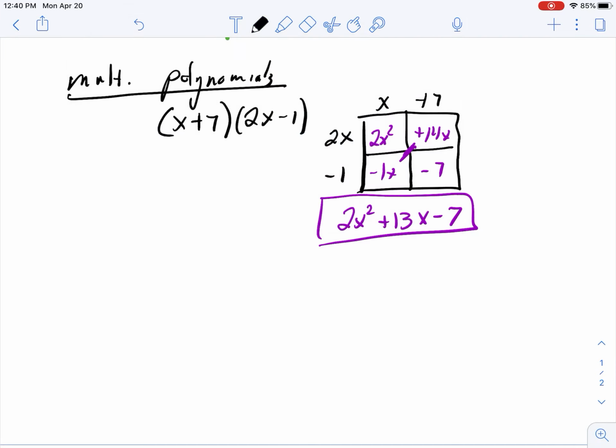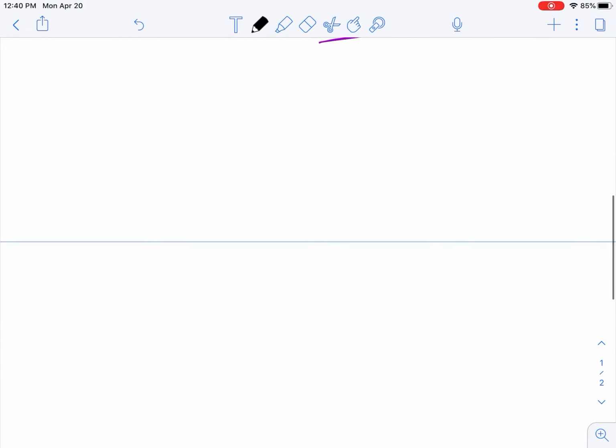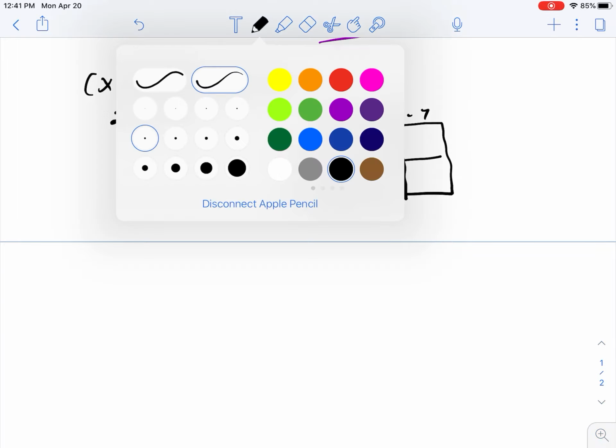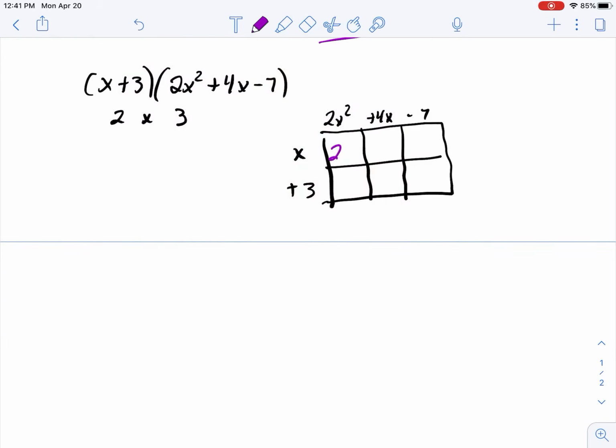Then if we get into a bigger polynomial, let's say x plus 3 and 2x squared plus 4x minus 7, then create a bigger box. So you have 2 values by 3 values. So I'm going to create a 2 by 3. So I'll have x plus 3 and 2x squared plus 4x minus 7. So now go ahead and multiply things out.